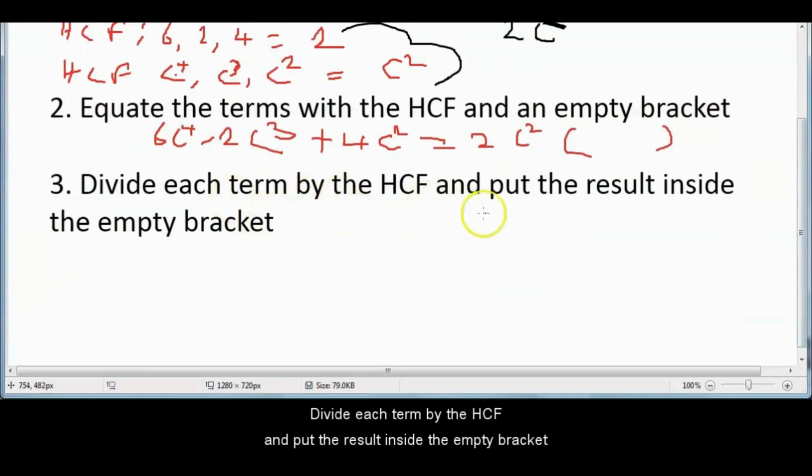Divide each term by the HCF and put the result inside the empty bracket.